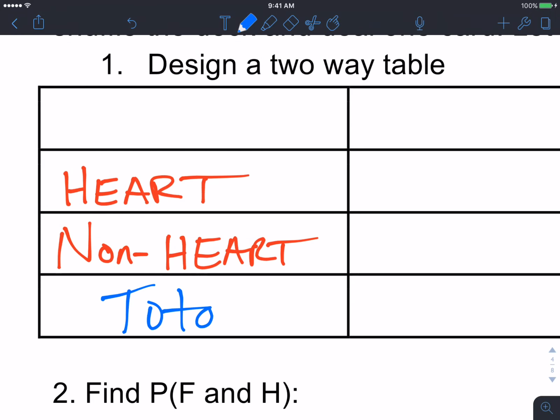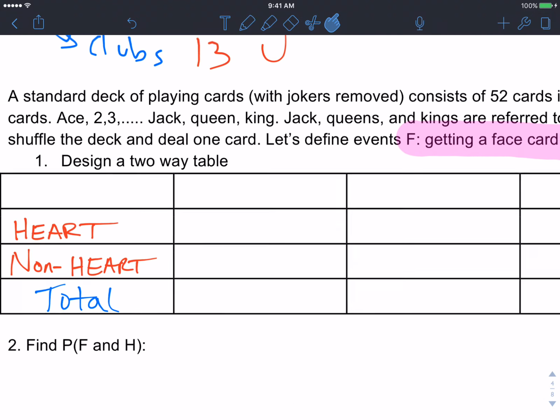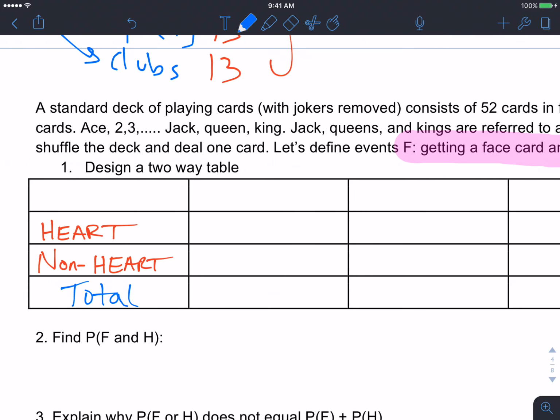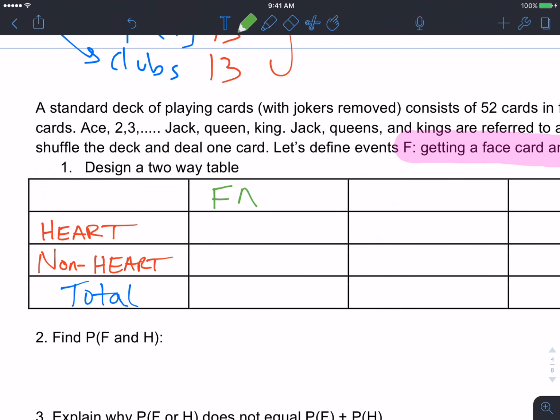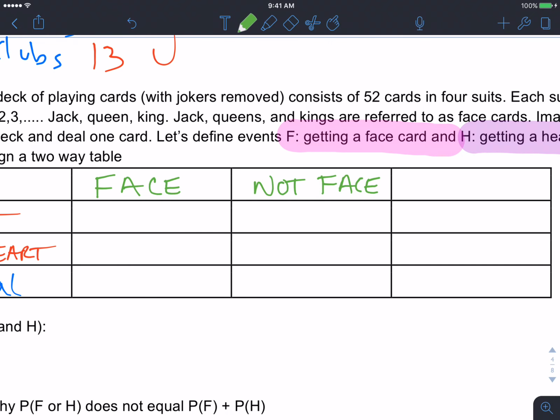I'm going to put the total down here. The other event was a face card, and a face card is King, Queen, Jack, and then not face. I'm going to put a total over here.